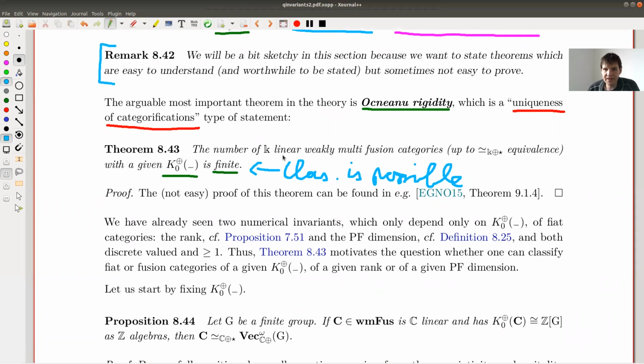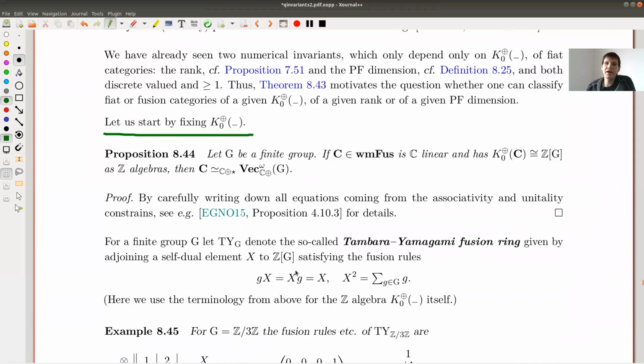Okay, so the first thing you would try is to just fix the Grothendieck ring. And you can write down several classification results, which I'm not now going to discuss. So for example, if you would ask what are the fusion categories whose Grothendieck ring is just a group, a finite group itself, it will turn out, well, we already know all of them.